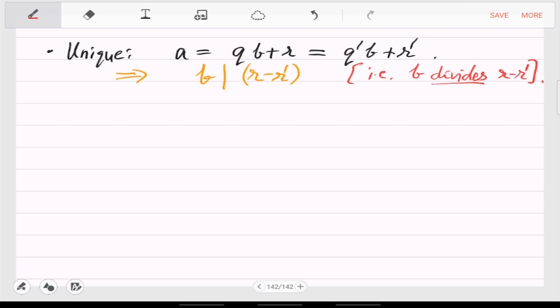Okay, it is an asymmetric statement or symbol. The left hand side should divide the right hand side, that is what we mean. So from this equation, is it clear that b has to divide r minus r prime? That's by the definition of division of integers. Is that a problem?